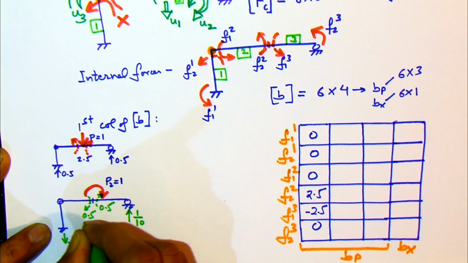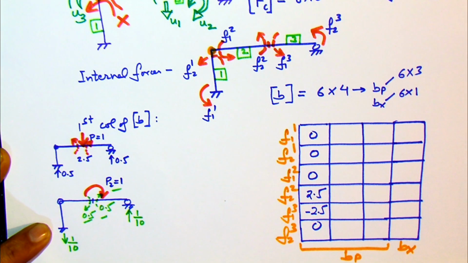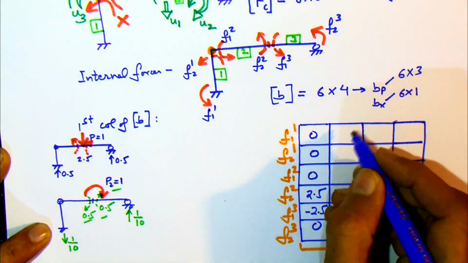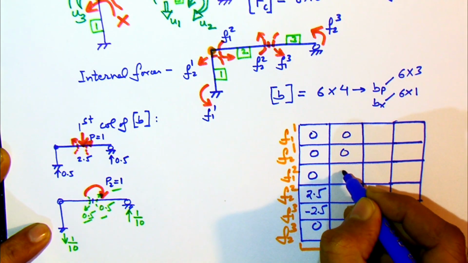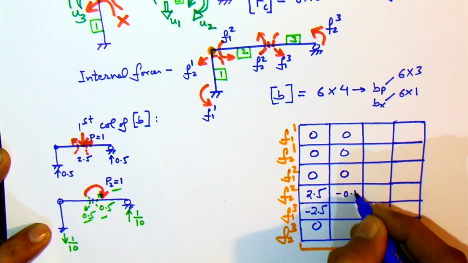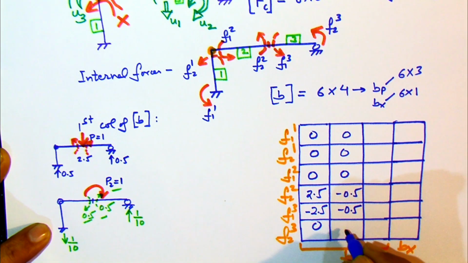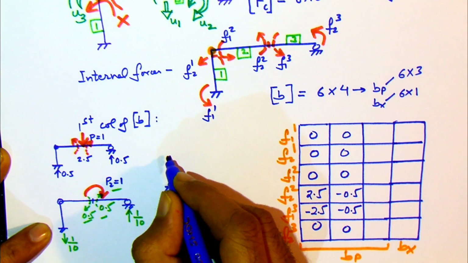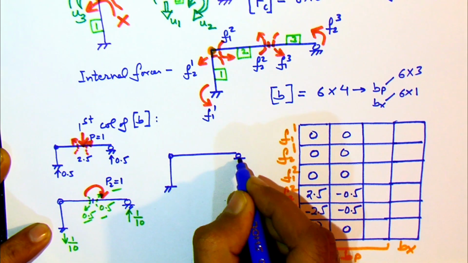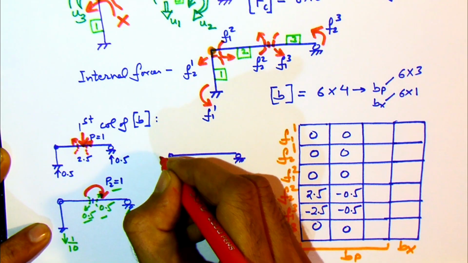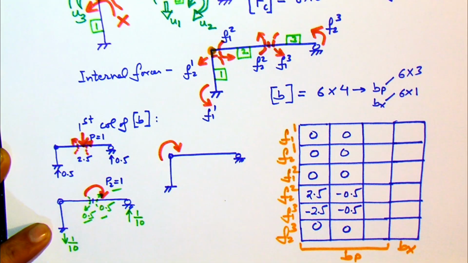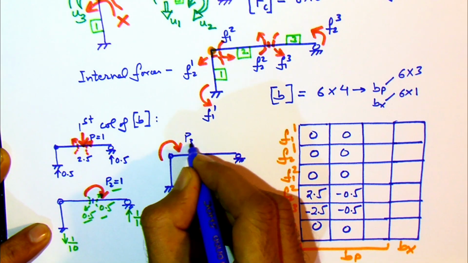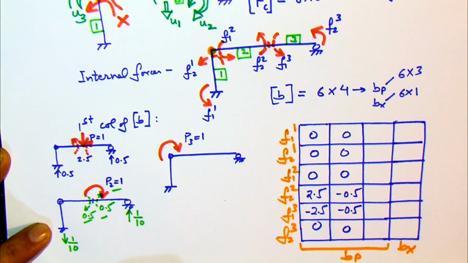So now for this case also we can do analysis based on either the left part or the right part, and we'll find that here the two internal moments are equal to 0.5 and their direction is clockwise. And this can also be ascertained by the fact that at a joint, if we apply an external force or moment, the sum of the internal forces or moments is equal to the externally applied force or moment. So both are equal to minus 0.5 because their sum is equal to minus 1. Then we apply P3 equal to 1.